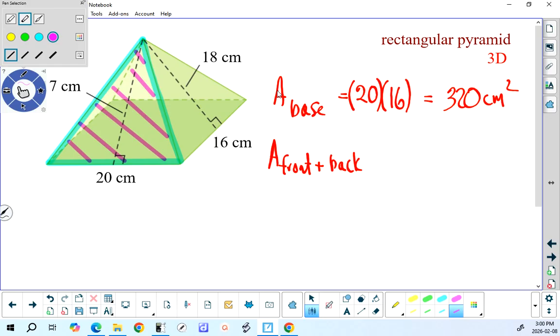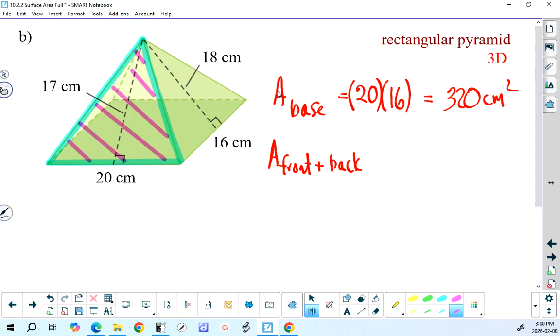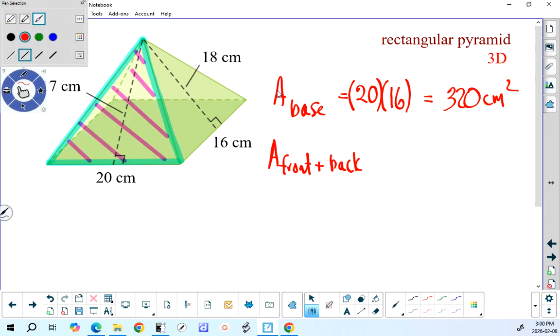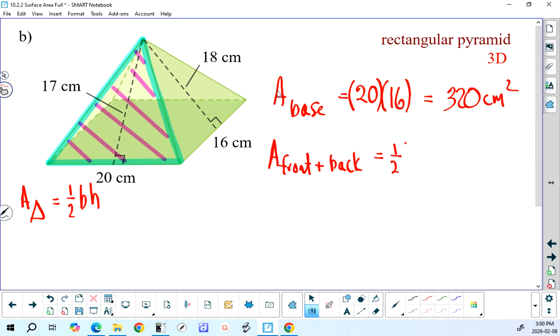So it has a base of 20 and an altitude or a height of 17 centimeters. I'm just going to put this formula off on the side. The area of a triangle is 1/2 the base times the height. So the area of the front and the back will be 1/2 times the base, which is 20, times the height, which is 17, times 2, because I want to include the front and the back.